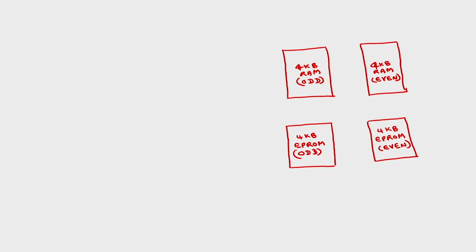What are the different signals for these 4K RAMs and 4K ROMs? How many data lines and how many address lines will we have? These will have 12 address lines, because 2 raised to the power of 12 is 4K.